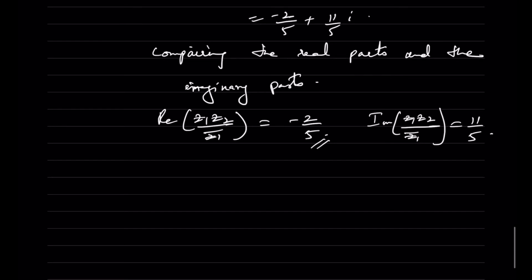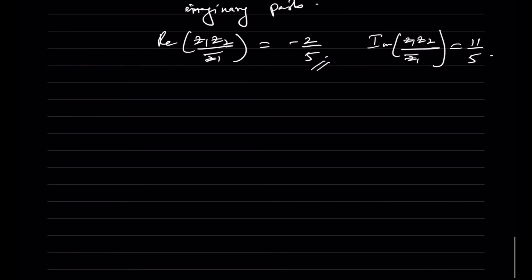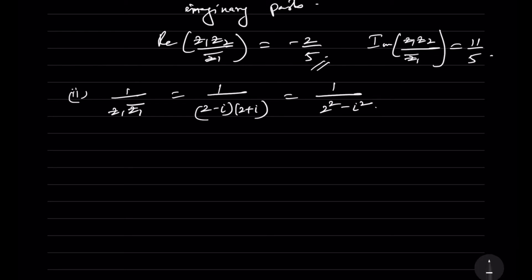This is the answer. Now in the next second bit, we have 1 by z1 into z1 bar to do. So 1 by (2 - i) into (2 + i) is equal to 1 by 2² + 1, which is equal to 1 by 5.